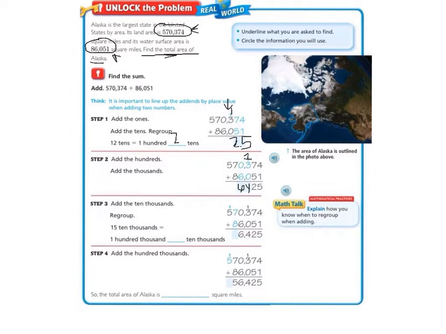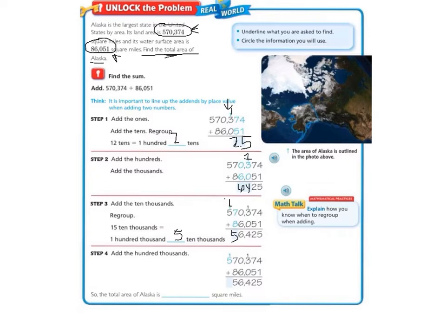And then moving down to step 3, we add our 10,000s place, which is 7 plus 8. 7 plus 8 is 15. So the 5 goes down here, and I carry over the 1, which means I have 15 10,000s, or 105 10,000s.